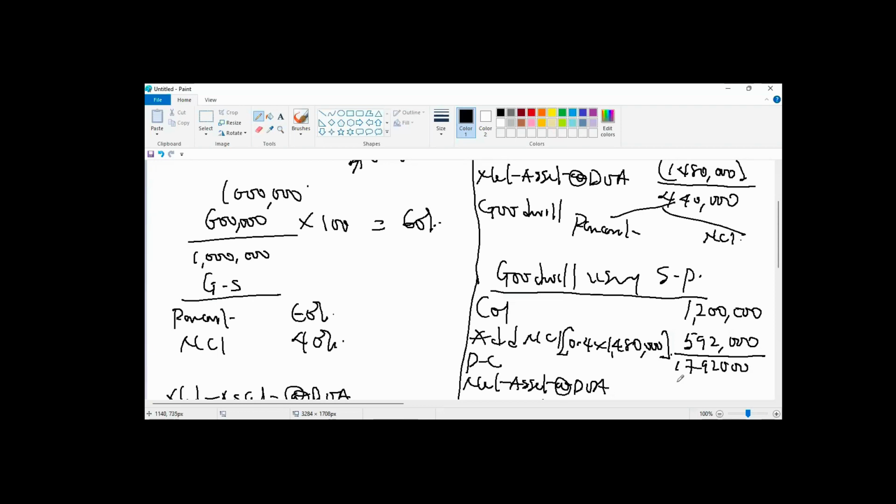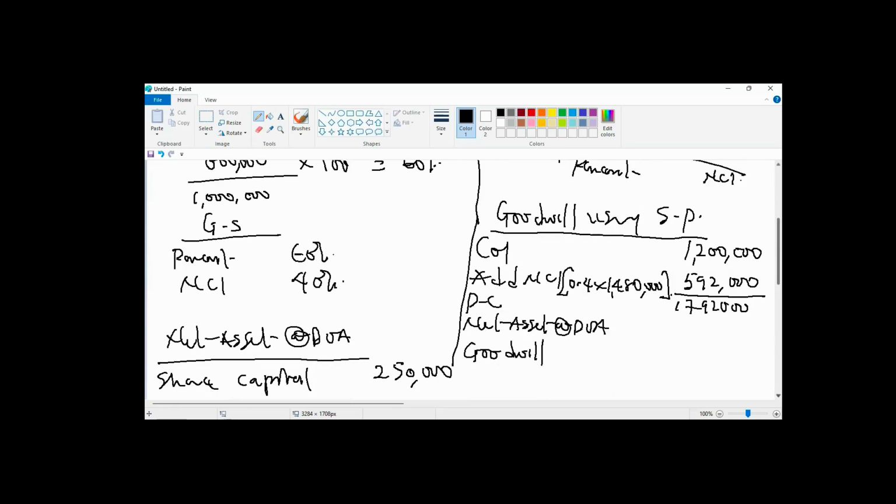Then we less the net assets at the date of acquisition, which is 1480. This will now give me the goodwill. What is the goodwill? That is it.